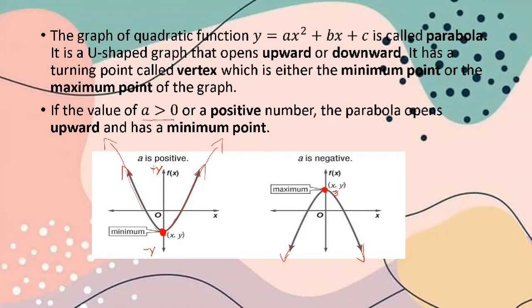Okay, so now, again, we have the vertex in the parabola and it is the maximum point and the minimum point. So, pag minimum point, positive yung A natin. Pag maximum point, negative yung A natin. Okay, so now, let's proceed.